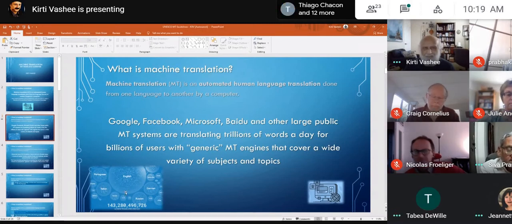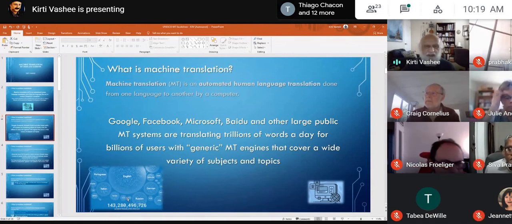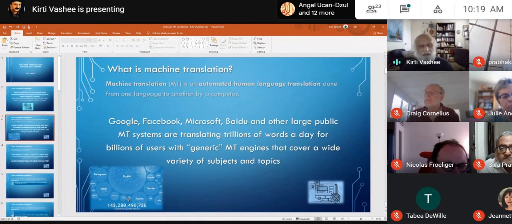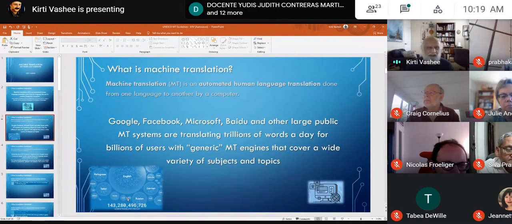Yes. Okay, so that just represents data that Google shared in 2016 about which languages tend to dominate in their machine translation. They don't always offer the latest data for this, but when they do, it tends to follow this pattern.